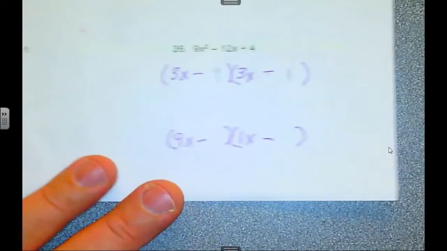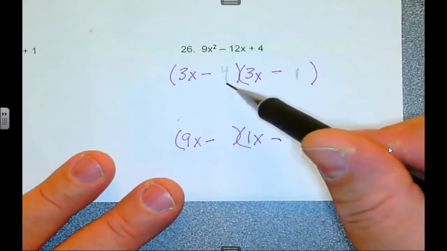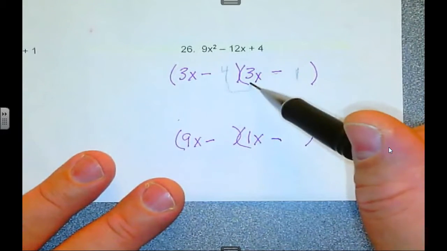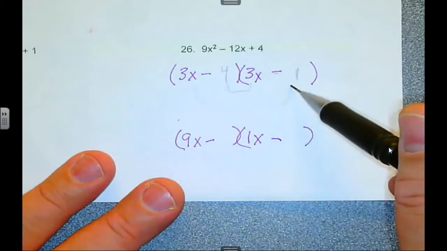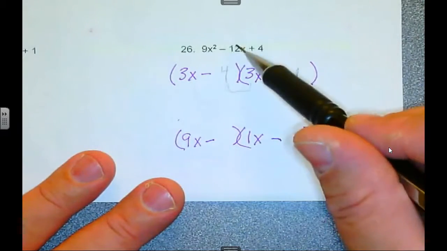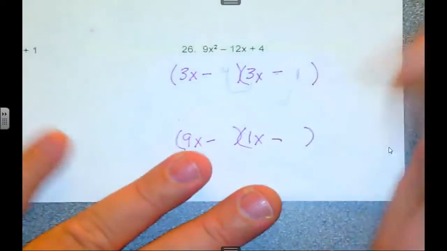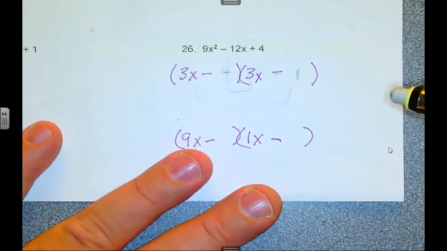Well, I'm doing it in pencil for a reason. The inner is 12, the outer is negative 3. Negative 3 plus negative 12 is negative 15, not negative 12x. So it's not that. If I switch them, it's the same thing.